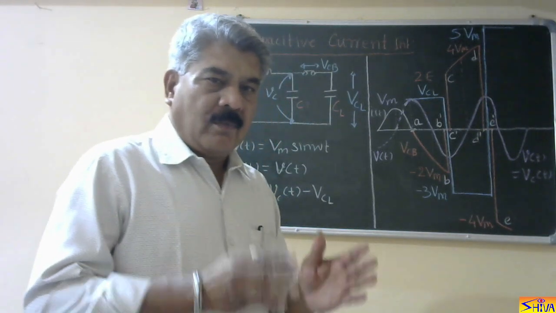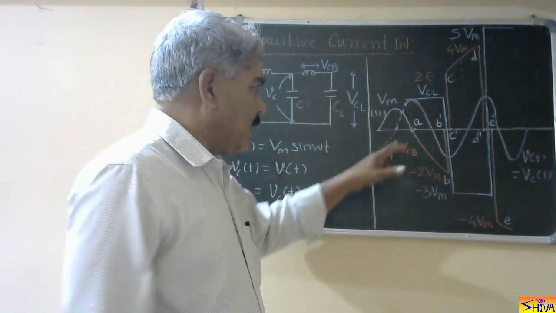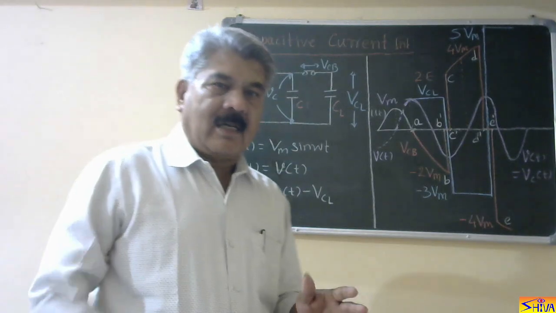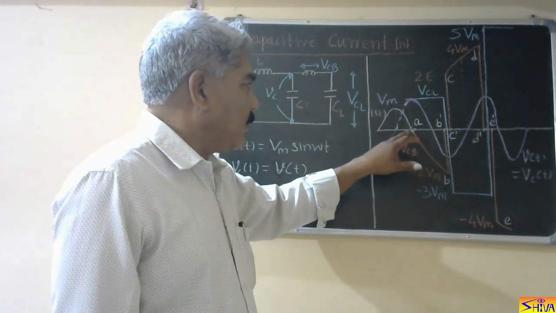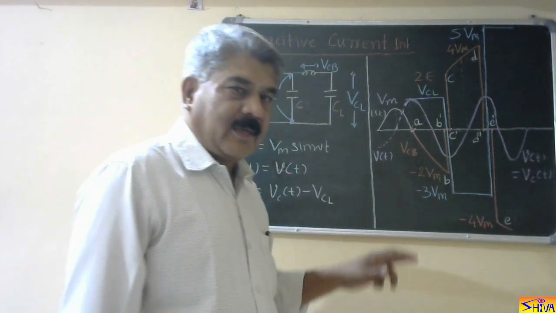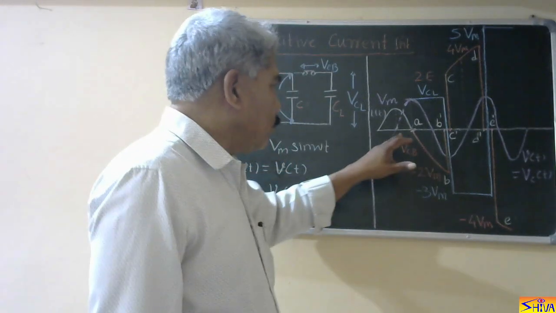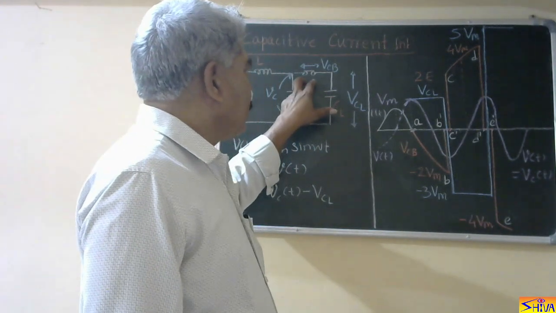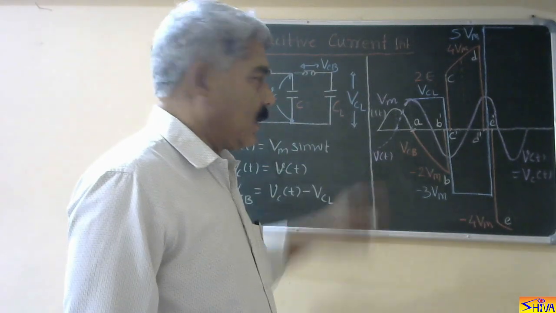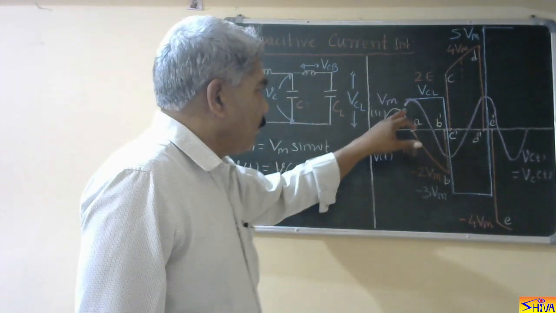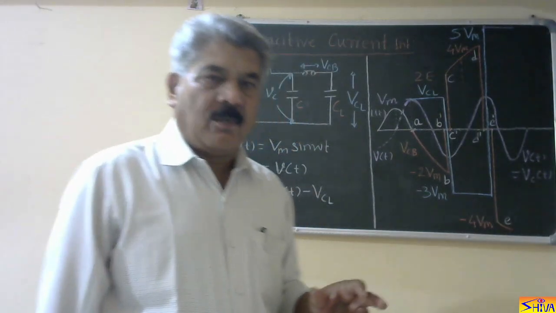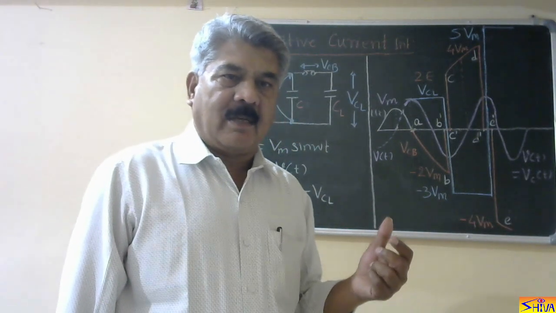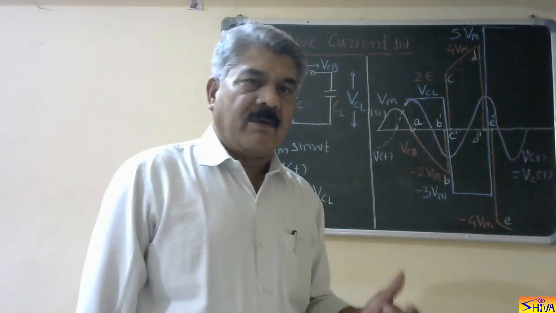So when the first arc interruption takes place, that is at instant A, the arc interruption takes place at natural current zero. So this is the natural current zero instant. At this instant, arc interruption takes place. So the arc is not there, so voltage will be there across the circuit breaker poles. Now the power frequency voltage which is appearing across the breaker poles is called the recovery voltage.